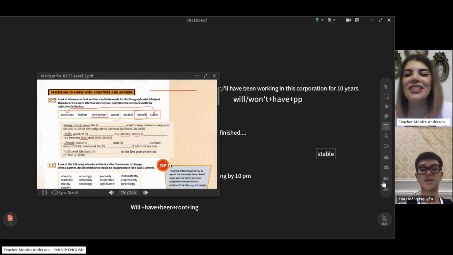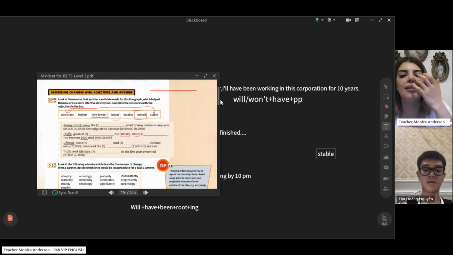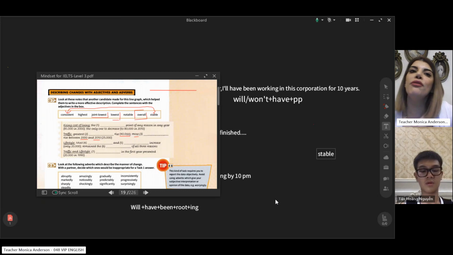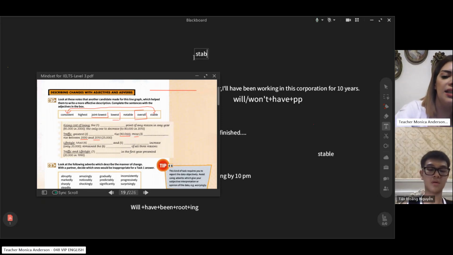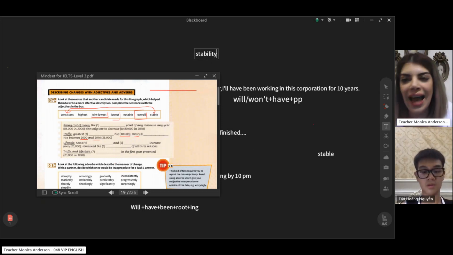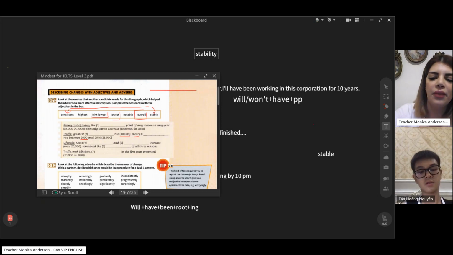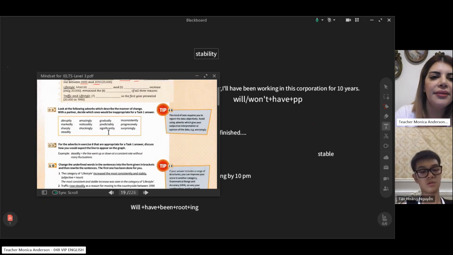We have it, but here it means consistent, something like stable. So just different. If you want to use a noun for stable, you need to change it. Stability, if you want to use a noun, this is the noun for stable. Okay? Well, keep going.